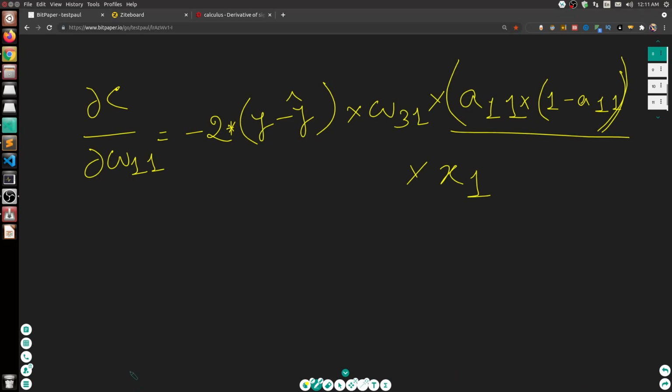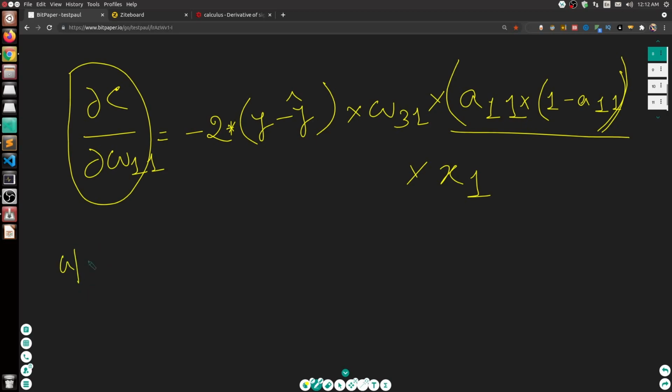And now the final part of updating the weights during the backpropagation process. Like we discussed, the whole backpropagation process is about updating the weights so that the loss becomes lower and lower gradually. So after we get this gradient, this whole part is our gradient. Now we update the weight like this.